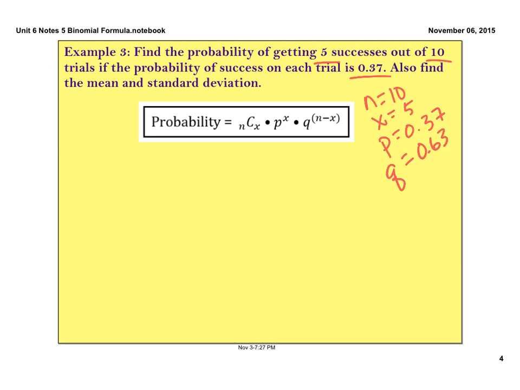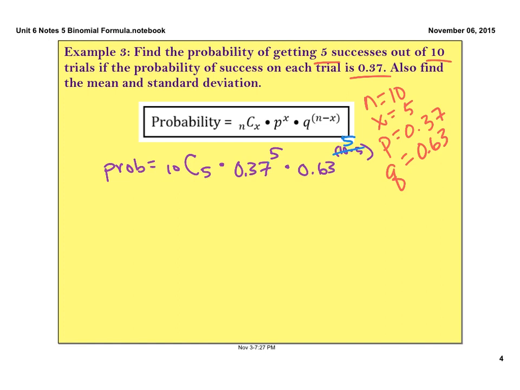And then I can go ahead and write all those out in my formula. So probability is going to equal 10C5 times 0.37 raised to the 5th times 0.63 raised to the 10 minus 5. Okay, I can go ahead and figure that out.